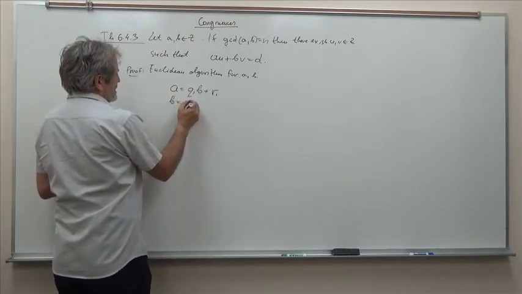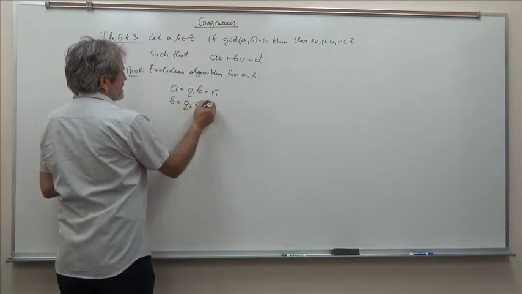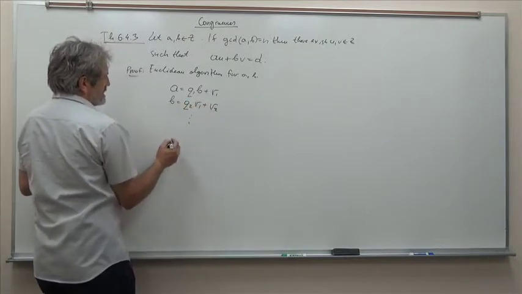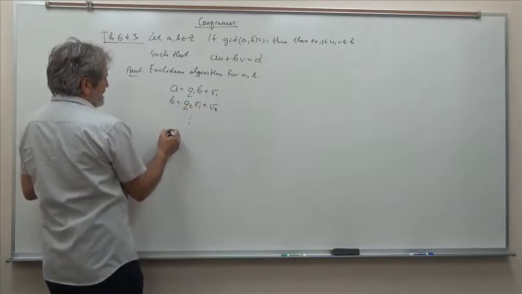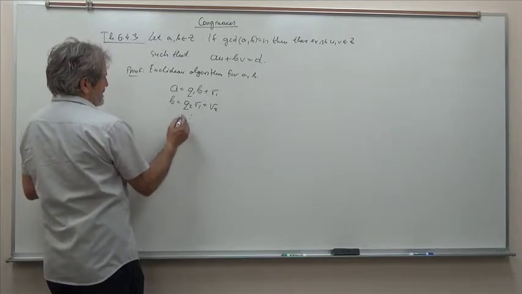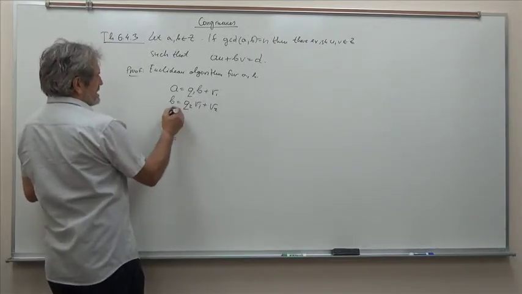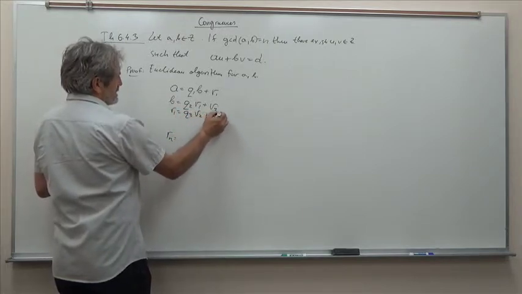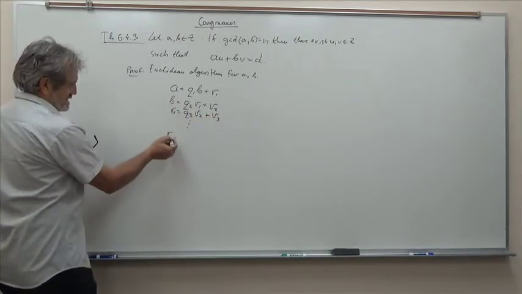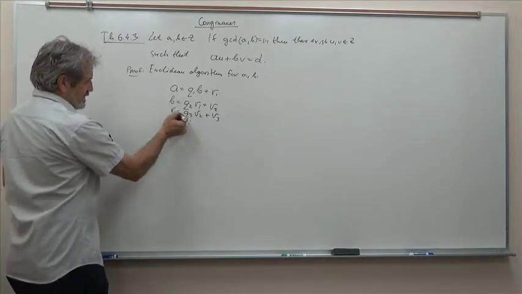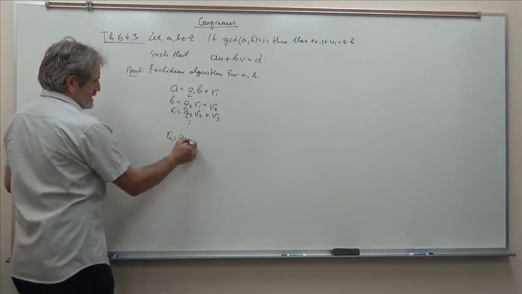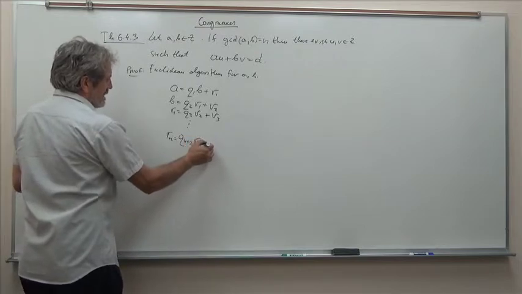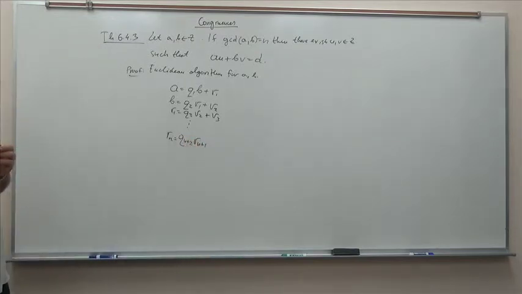Then B equals Q2R1 plus R2. And then R1 equals Q3R2 plus R3. So if it's Rn here, Q has an index twice bigger, so it would be Q(n+2), R(n+1), and let's say there's no remainder.